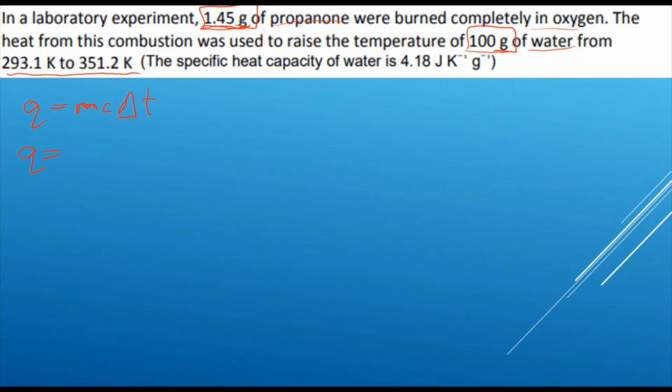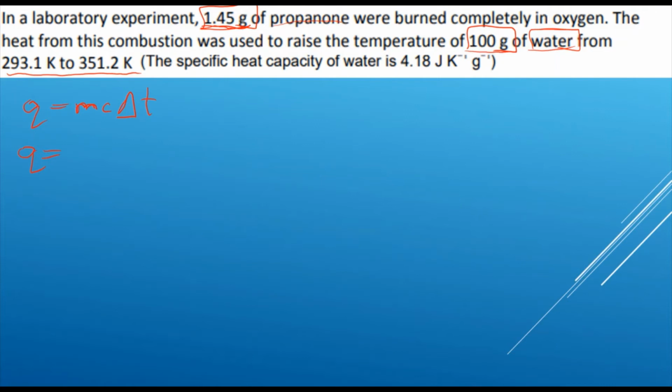Remember, in any calorimetry question, we only look at the mass of the reaction mixture, and in this reaction mixture we only have water. So it's usually the liquid whose mass would be counted.